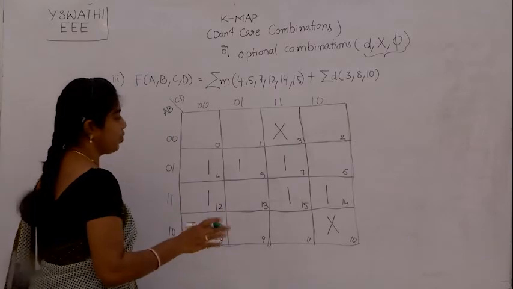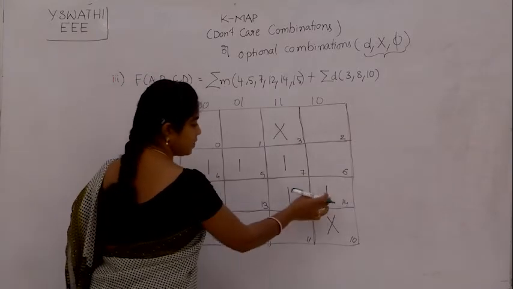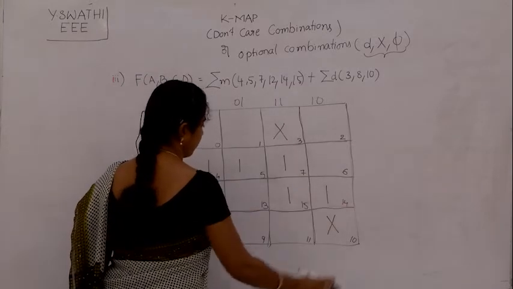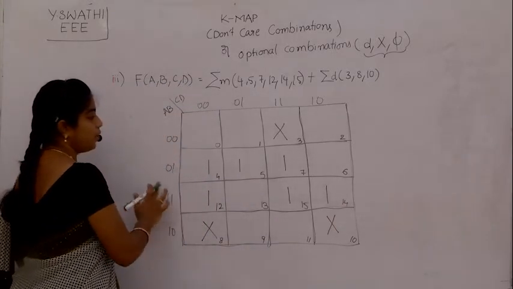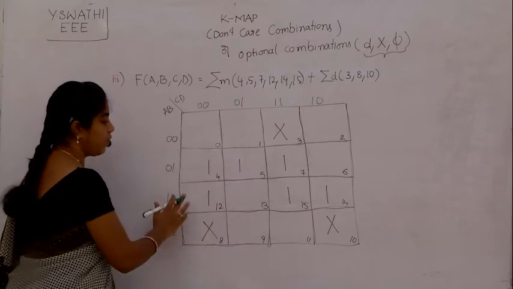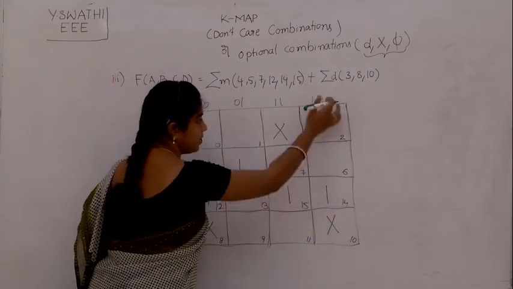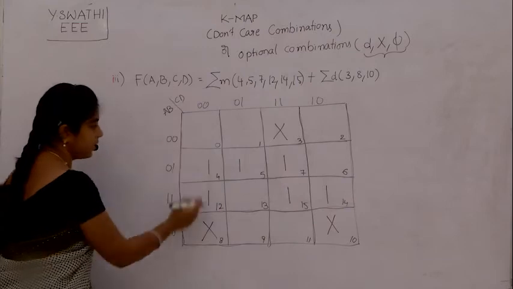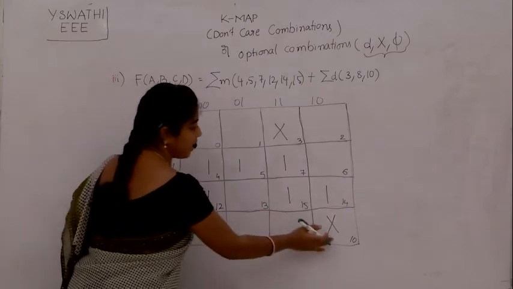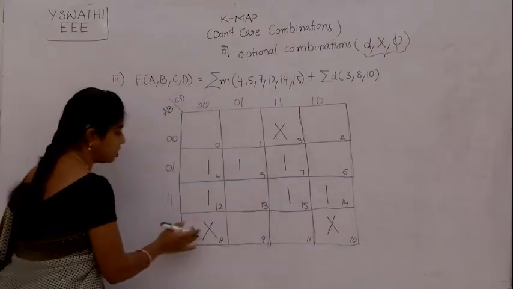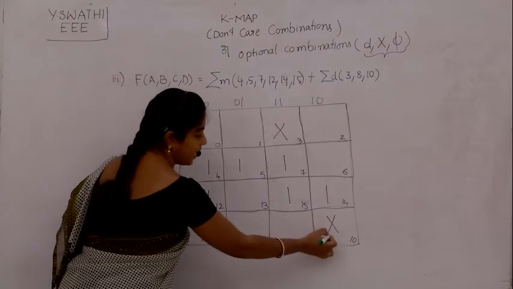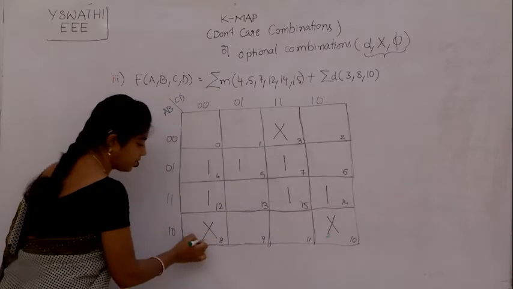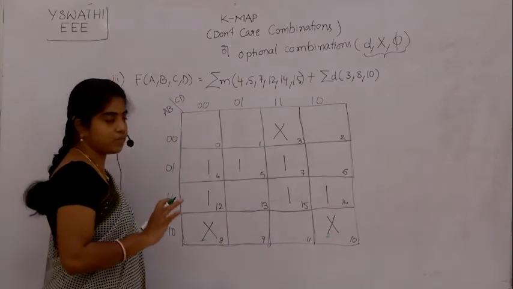First we should check for alone ones, right? So if you see, this is looking as alone one, but when we are rolling it vertically, these cells got adjacent with these cells. Then this 10 and 14 cells will be adjacent to 8 and 12. This forms a quad because we can take this don't care combination as 1 if it helps us to reduce the expression.